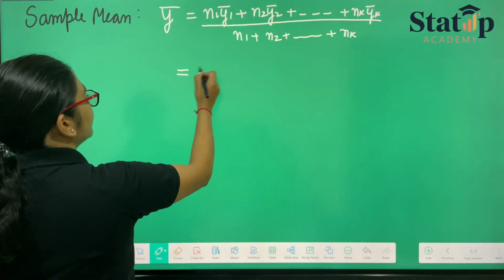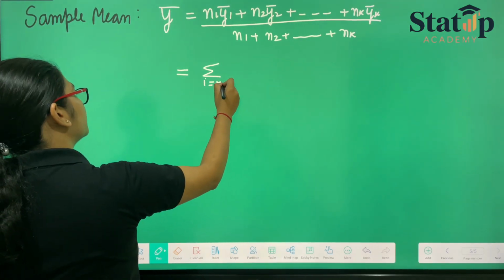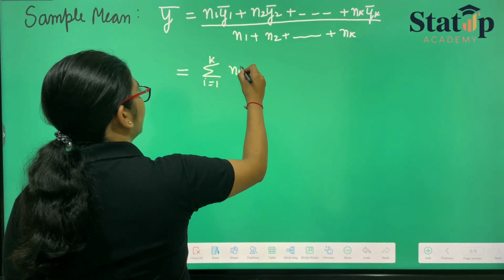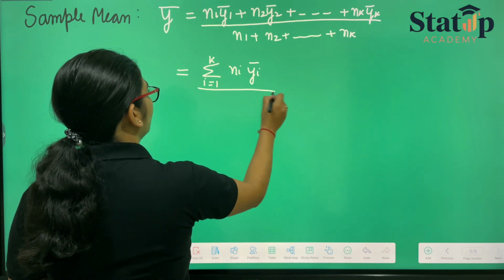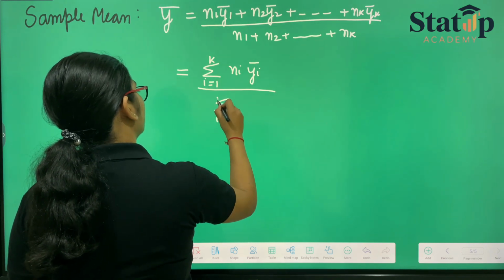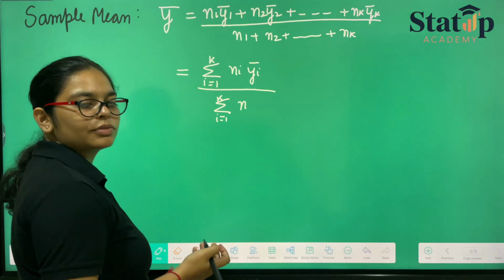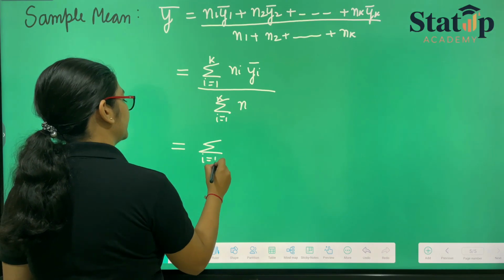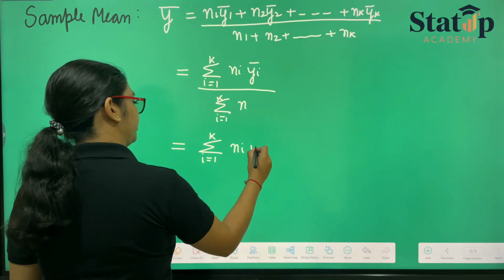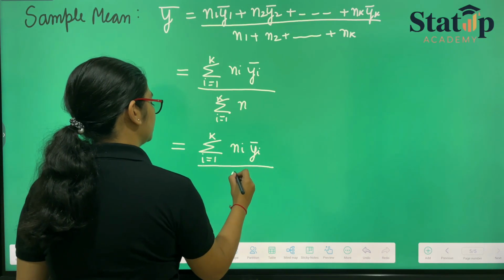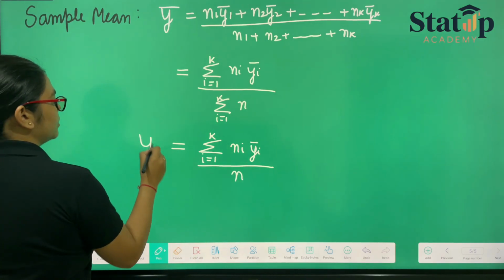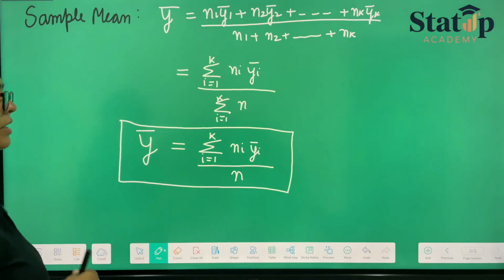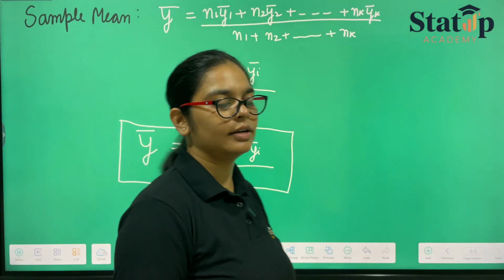Now we can again write it in summation form: summation i goes from 1 to k ni yi bar upon summation i goes from 1 to k ni. Now summation of ni is nothing but small n, so we can write it as summation i goes from 1 to k ni yi bar upon small n, and this is nothing but y bar. So this is your sample mean. This completes your notations of stratified random sampling.